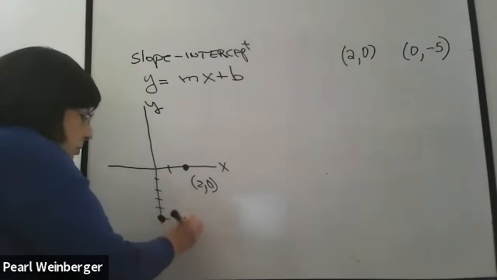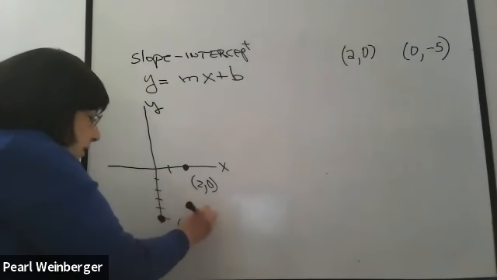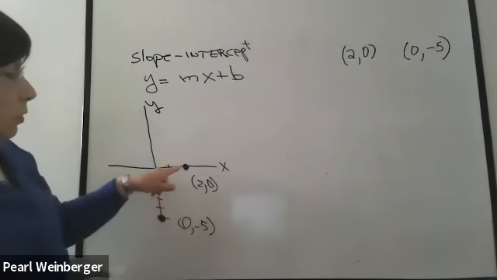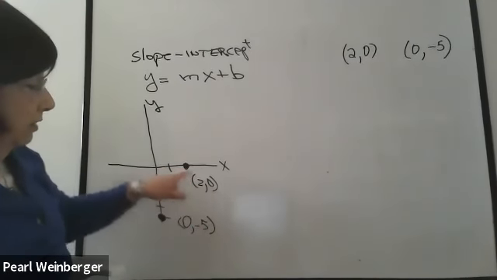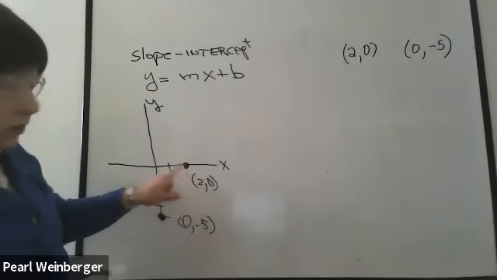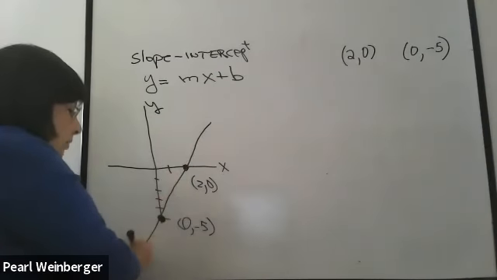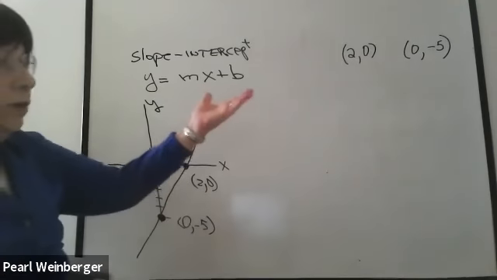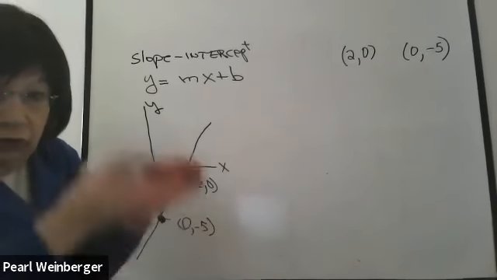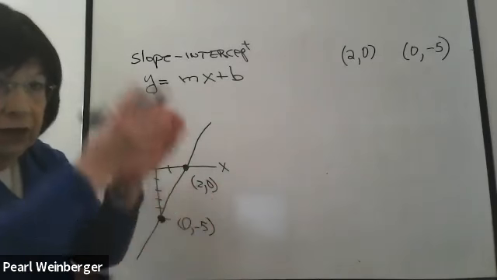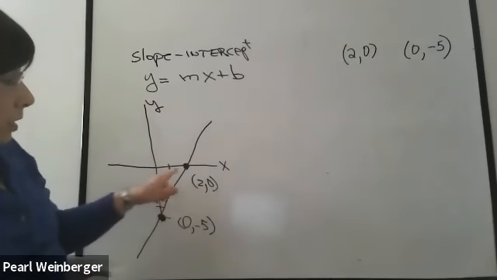Remember, when the 0 comes first, it means it's on the y-axis. When the 0 comes second, it means it's on the x-axis. Here is my line. It was easy to draw. Once I have 2 points, all I have to do is plot the 2 points and connect them.